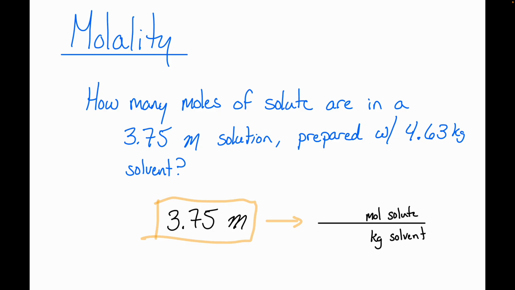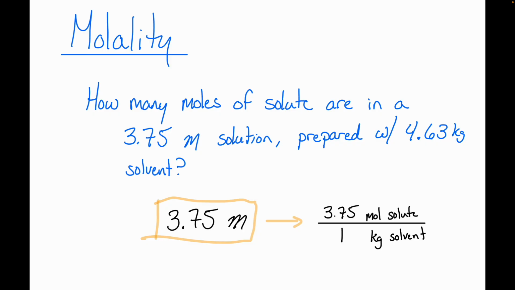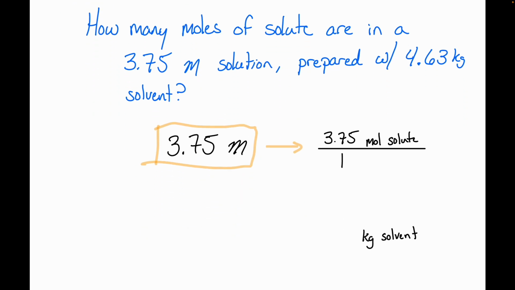So when I'm given this specific amount, 3.75, that means that there are 3.75 moles of solute in 1 kilogram of solvent. And so this is my conversion factor for my concentration that I will use in my problem. I'm going to give you another minute to see if you can finish this off.